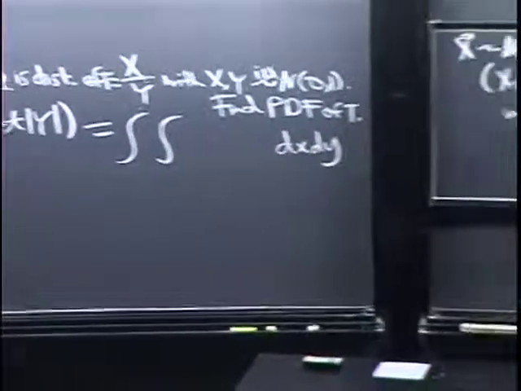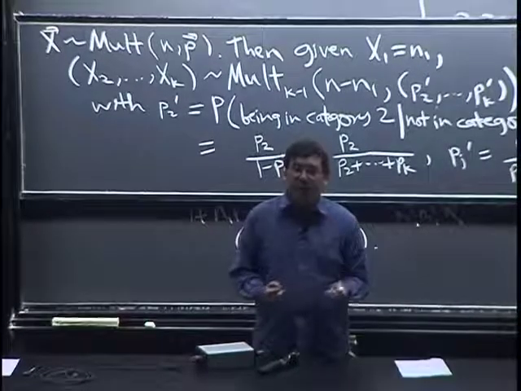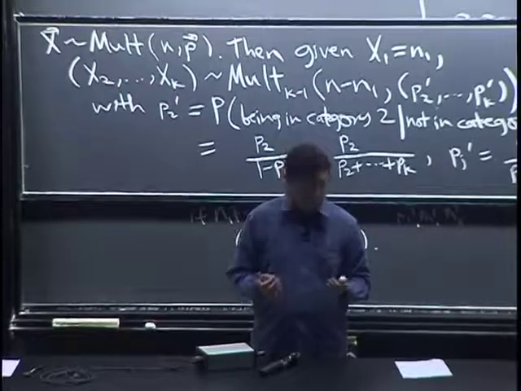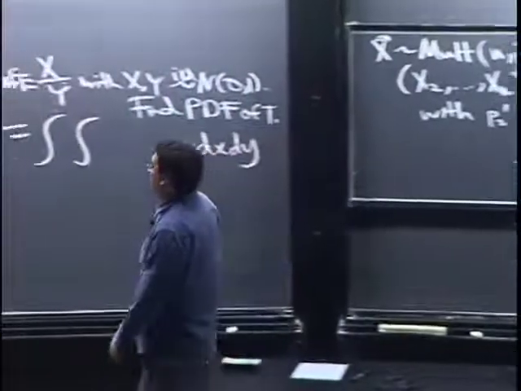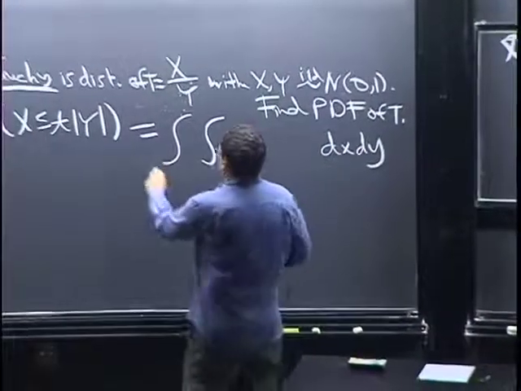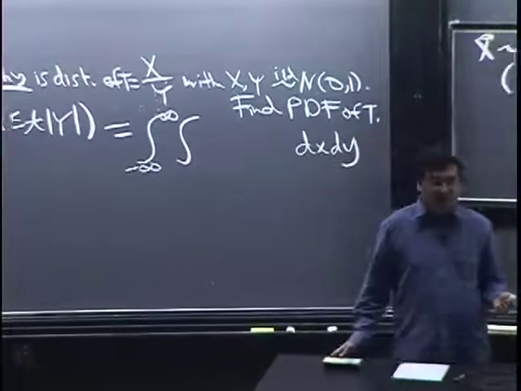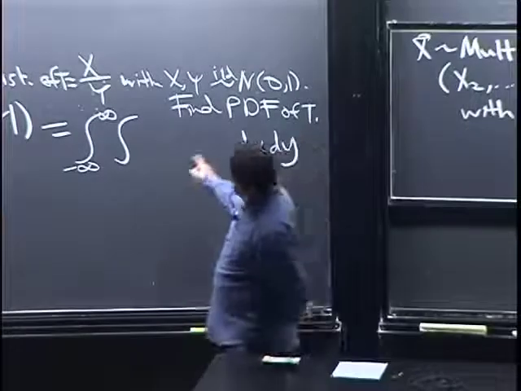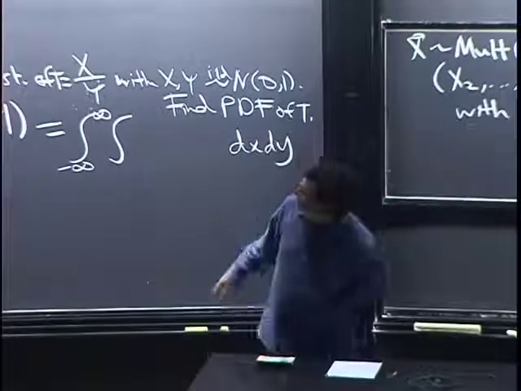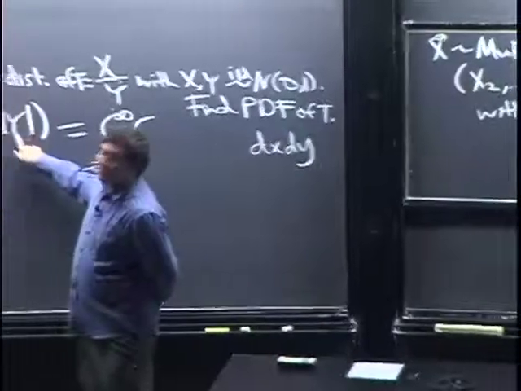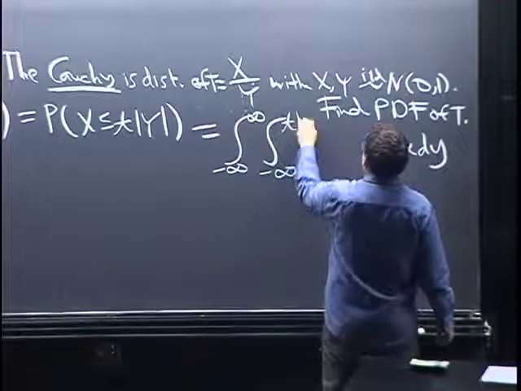To get a probability, we integrate the joint PDF over whatever region we want. y goes from -infinity to infinity. The main thing to be careful about is the limits of integration. The inner limits can depend on y, and we're looking at the region that goes up to t absolute y. So x goes from -infinity to t absolute y.